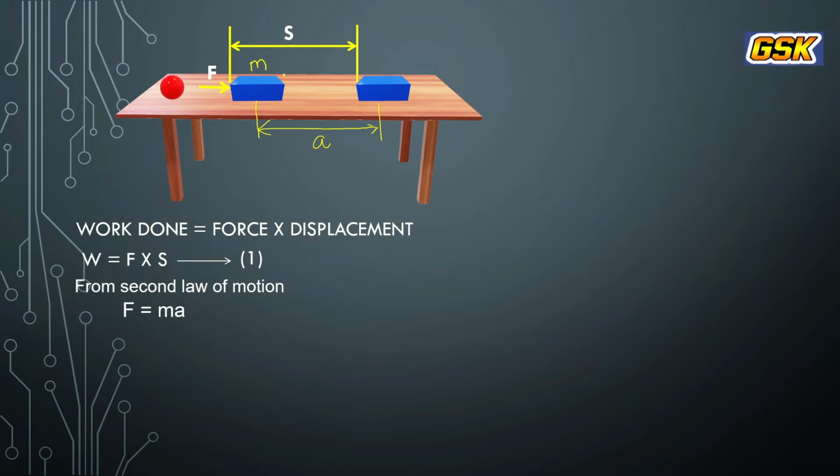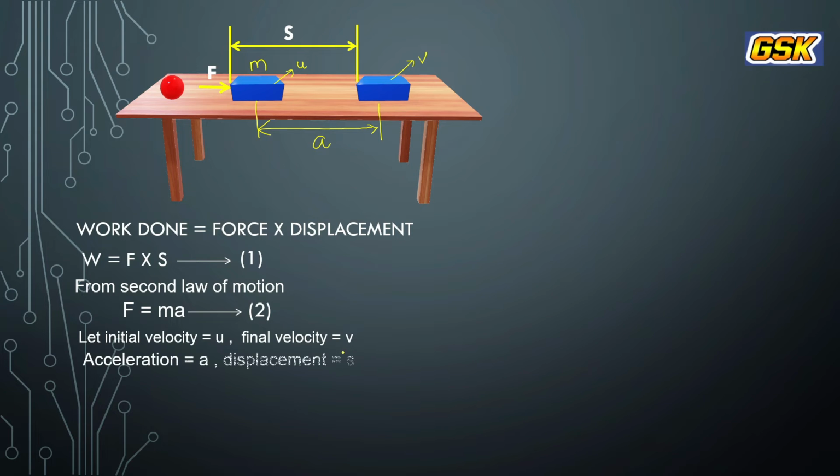I am taking the initial velocity of this object as u and the final velocity as v, with acceleration a and displacement s. So from the equation of motion, v square minus u square is equal to 2as. By rearranging this equation, we get s is equal to v square minus u square by 2a, equation 3.